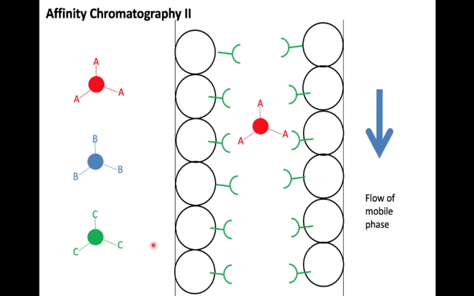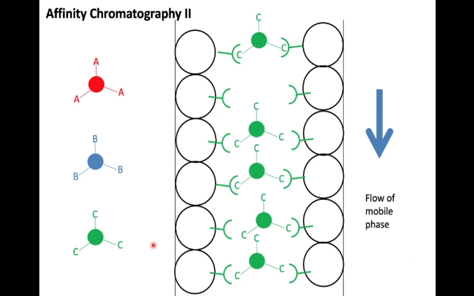A will start to move through the column and it doesn't get trapped. B will move through the column, while C will move through the column and will get trapped within the column. These ligands will be recognized, so if it's an antibody, there will be an antigen interaction.